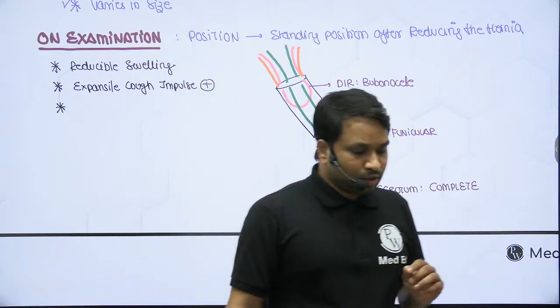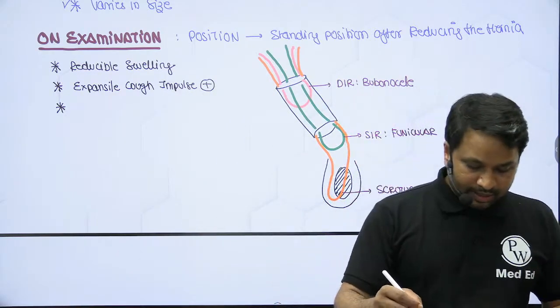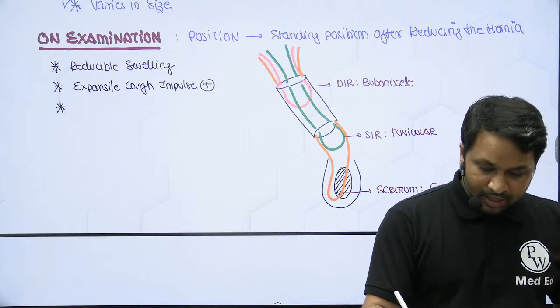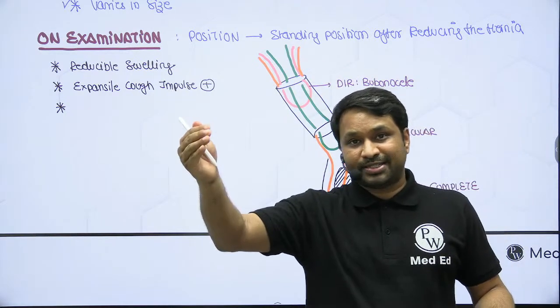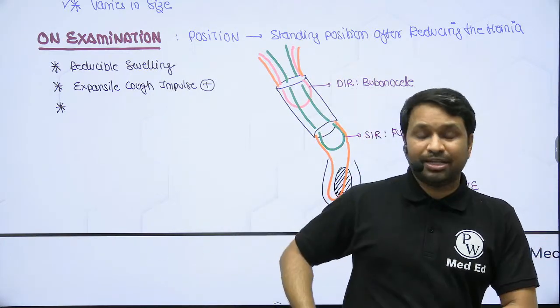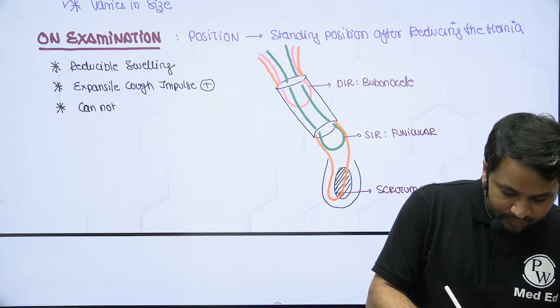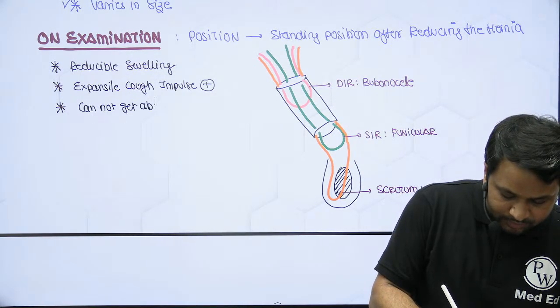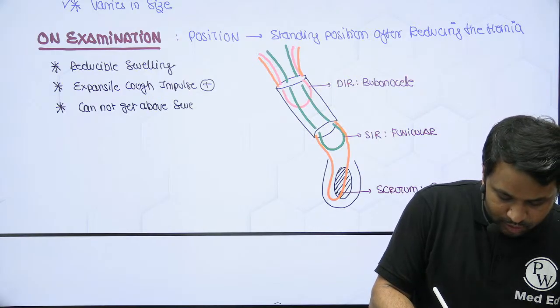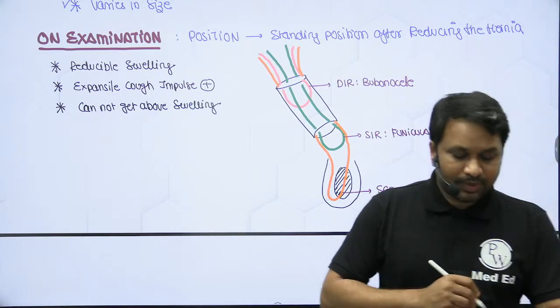Okay? So you have a reducible swelling. There is an expansile cough impulse, and when you try to palpate the superior extent of the swelling, you cannot, because it is inside the abdominal wall. So in inguinal hernias, you cannot get above the swelling, right?